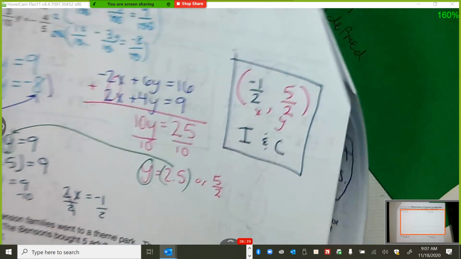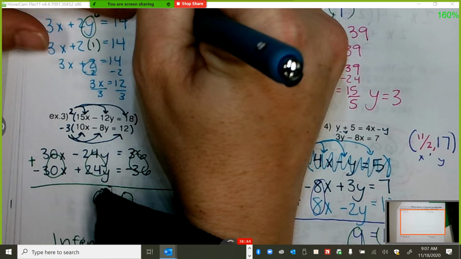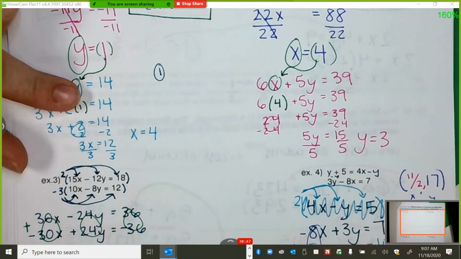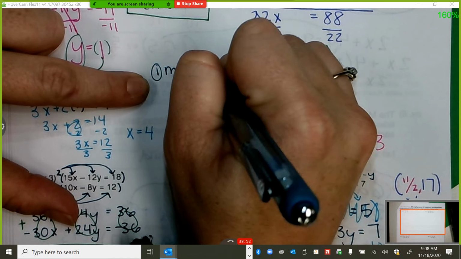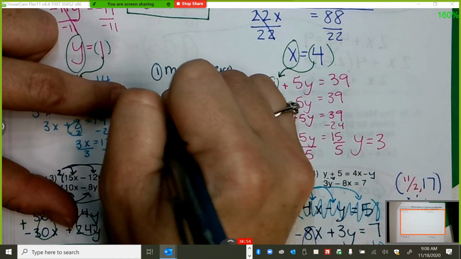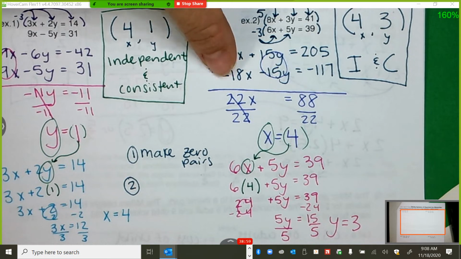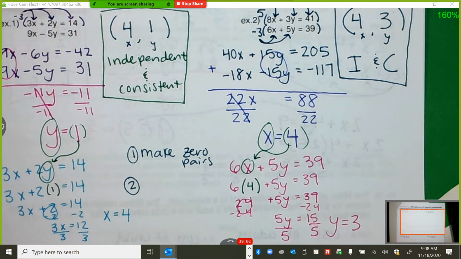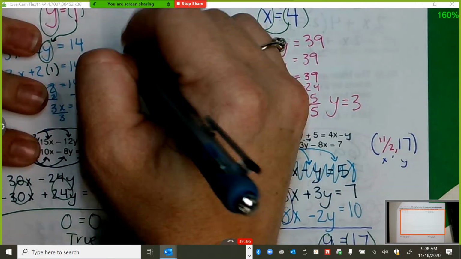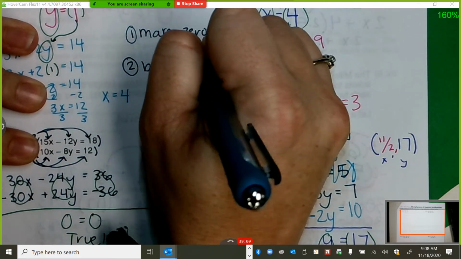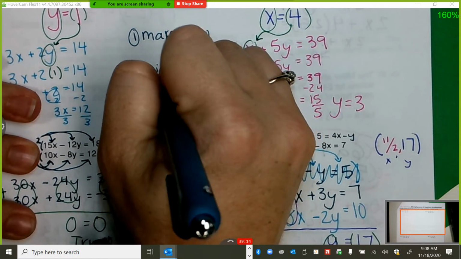Okay, there is one thing I want to write on the front. Okay? And that's your steps. What was our first step? Make 0 pairs. What did we do after we made a 0 pair? We did our big addition. We eliminated, right? And solve.